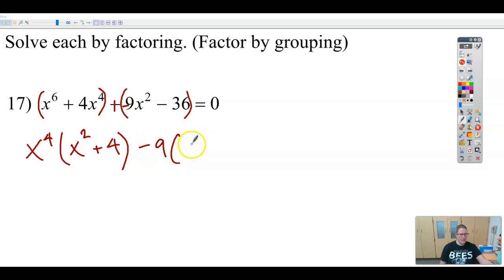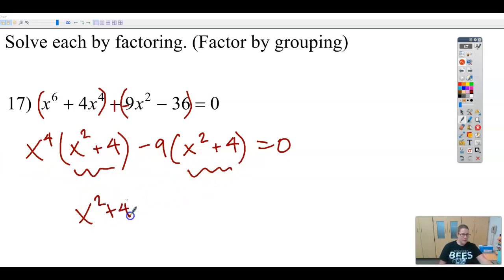And that's going to leave me with x squared plus 4 equals 0. Okay. So now I see that my common factor is now x squared plus 4. So I'm going to pull x squared plus 4 out front. And what would be left is x to the 4th minus 9.